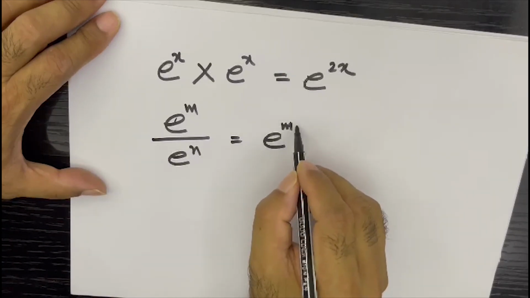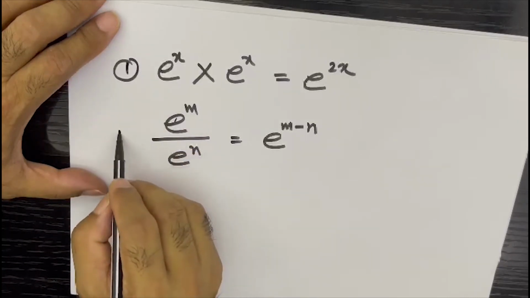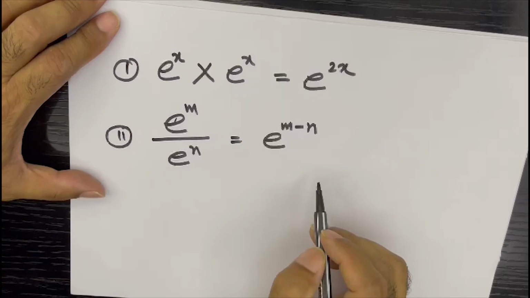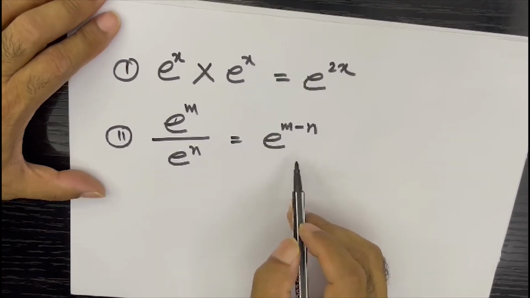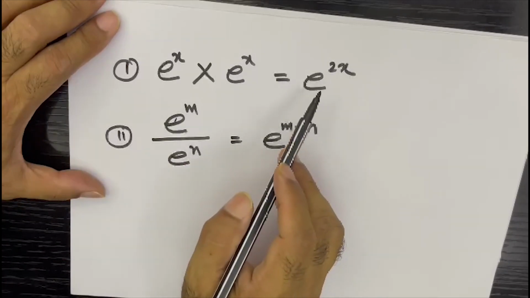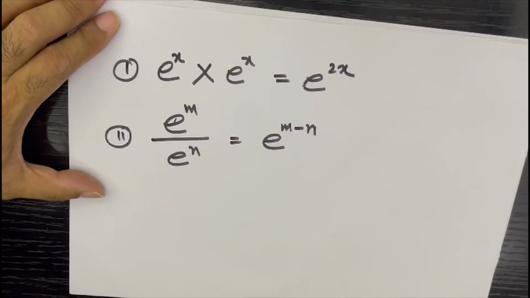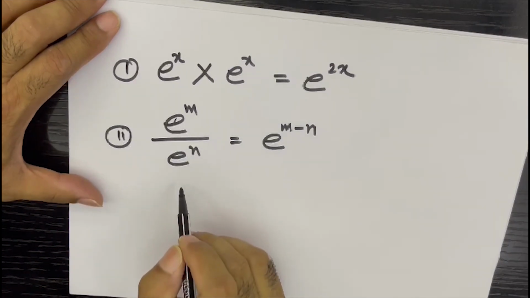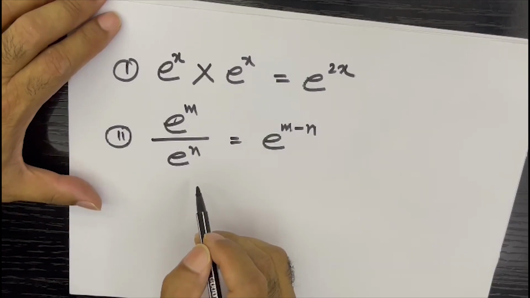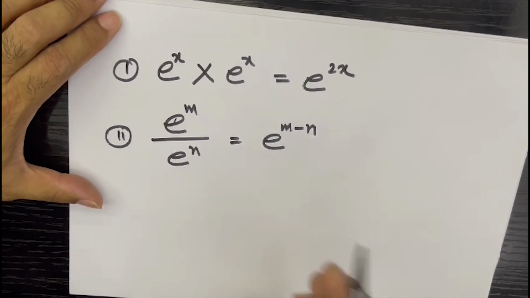It is the same as the indices rules. Any number to the power x follows the rules of indices, as well as the exponential function. Now I will explain the exponential function with some examples from CAIE past papers.